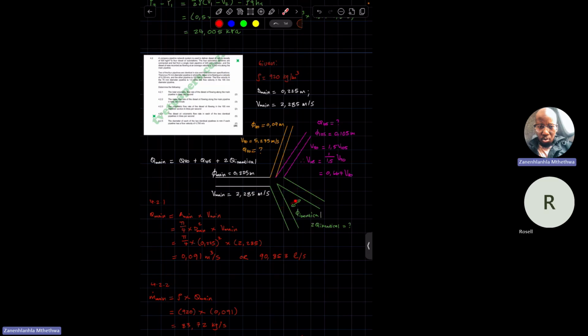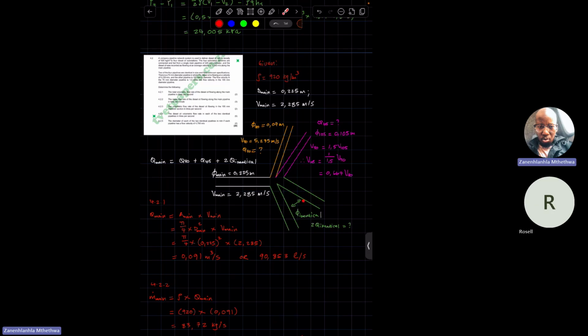Now 2 of the 4 pipes are identical. So these here we are going to take as the identical pipes, of which we do not have the specifications. Meaning we are not aware of the diameter of the 2 pipes, nor do we have the velocity or flow rate through these pipes.